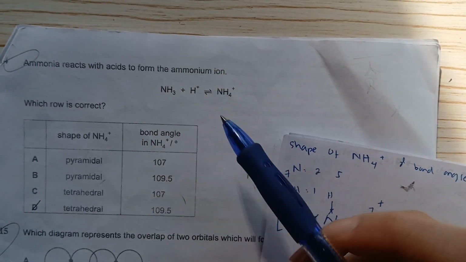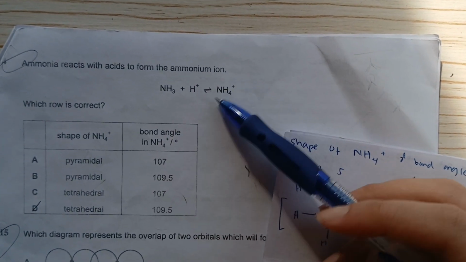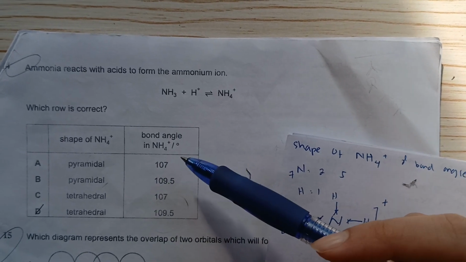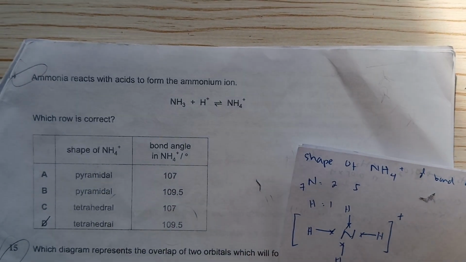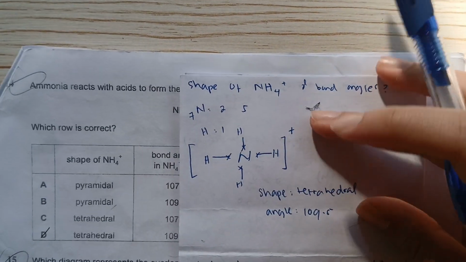There is ammonia reacted with acid to form the ammonium ion. The question is, which row is correct? This question asks about the shape and the bond angle in ammonium. I already drew the cross and dot diagram.